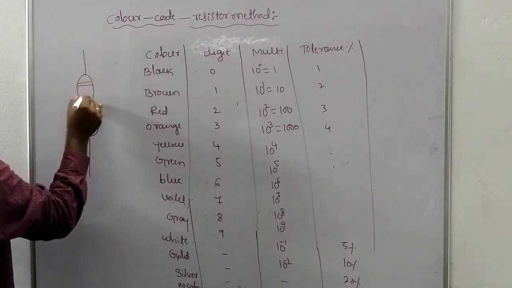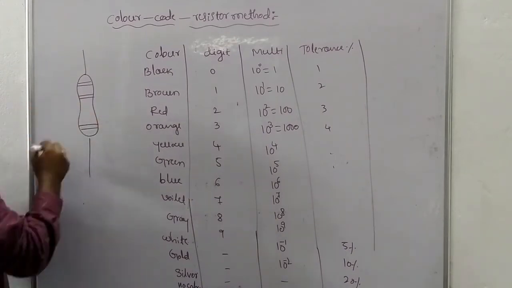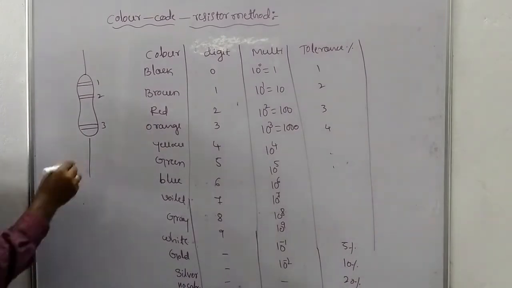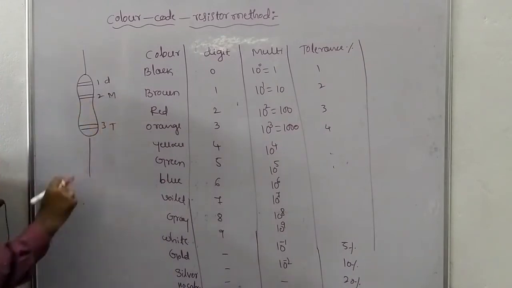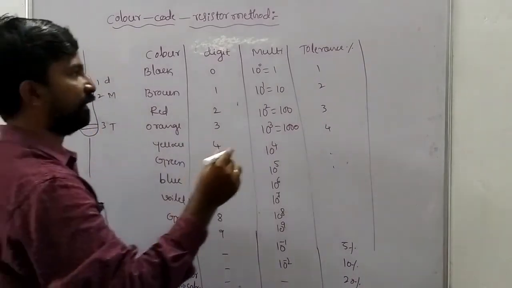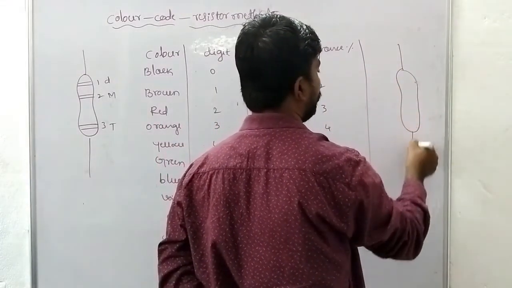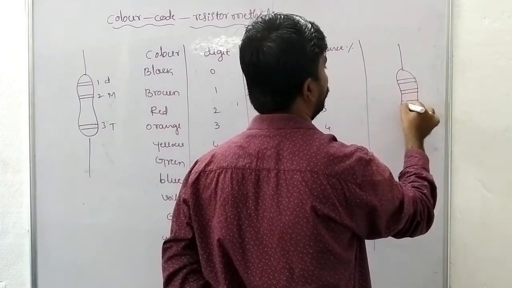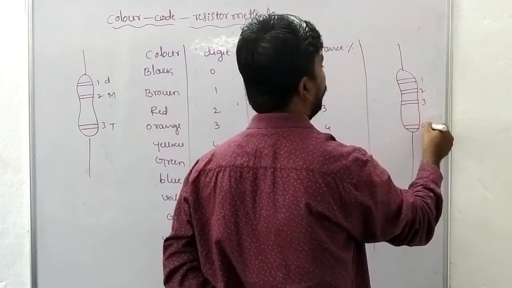So 1, 2, 3, it is a 3 band color code resistor. Then 1 digit, 1 multiplier, 1 tolerance. Suppose a 4 band color code resistor: 1, 2, 3 and 4.